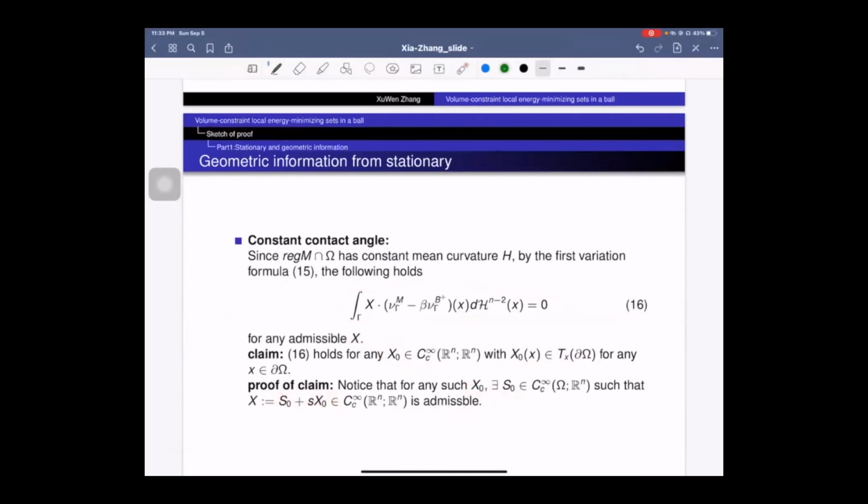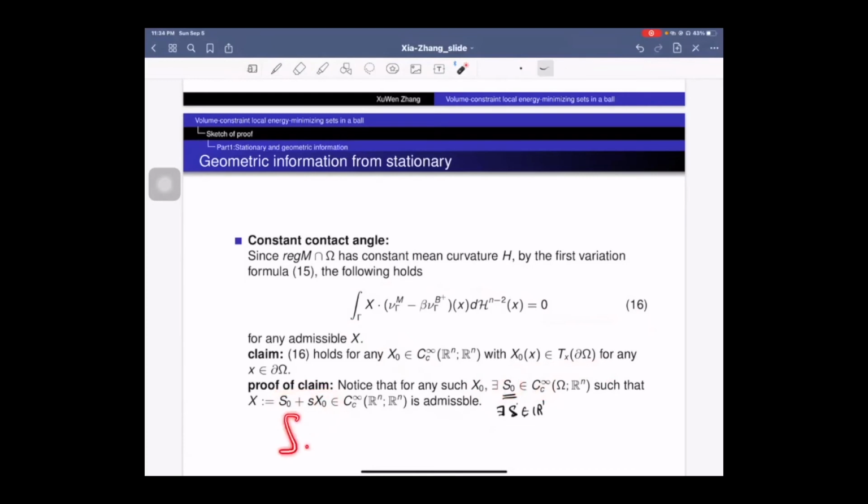I think it should be written as there exists S0 and a constant S, such that this combination is admissible. And this is apparent because this is tangent to the boundary. Since S0 has compact support, it is 0 at the boundary, and x0 is tangent to the boundary. So this combination is tangent to the boundary.